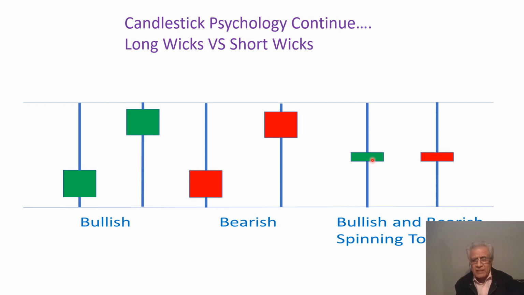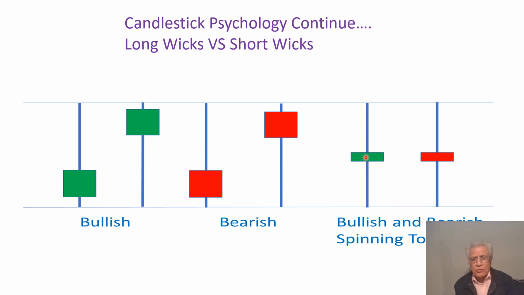If the candlestick only has one long shadow, let's say for example only one long upper shadow, or only one long lower shadow, that was the sign of reversal that we talked about before.